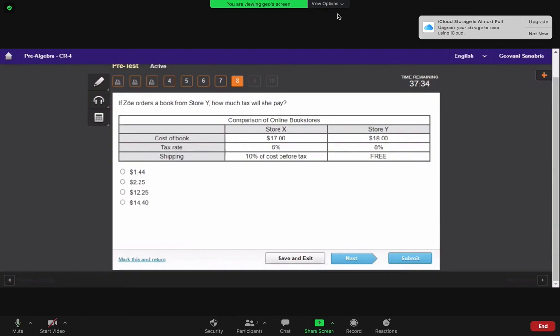I see. $144. Yep. But I got the decimal wrong.